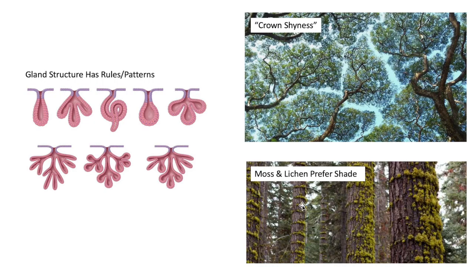The reason is that they prefer shade. That is, they're trying to avoid the most direct sunlight. This is spatial information. And this is a common myth that makes people think that moss only grows facing north. But that's not true. They grow on the side that has the least direct sunlight. So if you're ever lost in the forest, do not try to find north by looking at moss on trees.